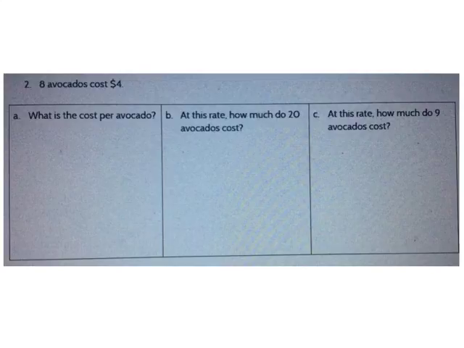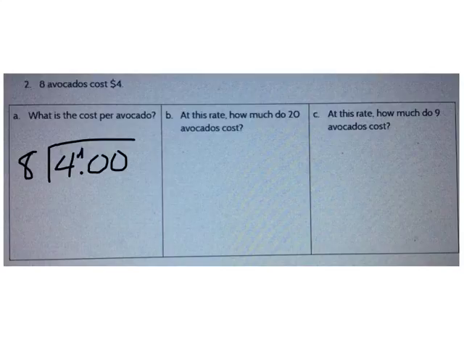8 avocados cost $4. First, what's the cost per avocado? Well, I need to divide the price, $4, divided by 8. 8 can't go into 4, so I have to put a 0. 0 times 8 is 0, and I subtract.